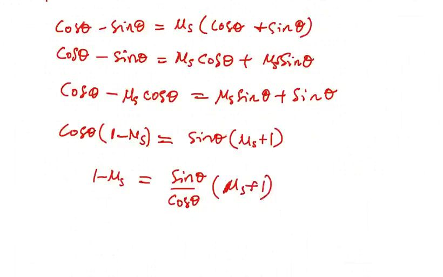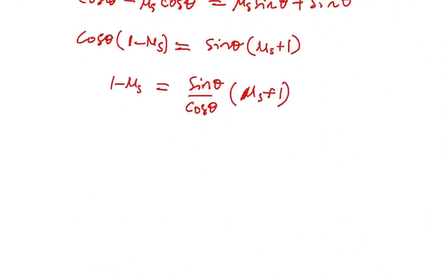If we simplify further, sin theta over cos theta is equal to tan theta, so 1 minus mu s is equal to tan theta times mu s plus 1. Now we can make theta the subject of the formula.